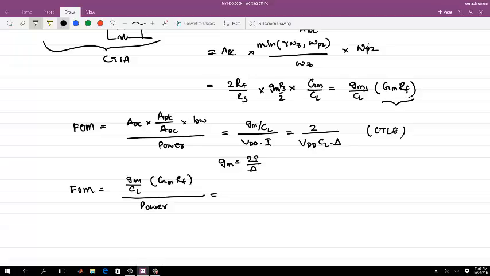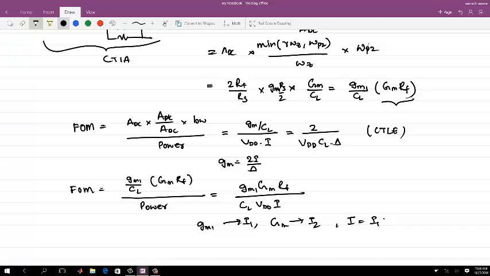So what do I have? I have GM1 GM RF by CL, VDD and I. Now small GM1 is consuming a current I1 and capital GM is consuming current I2, and the total current is I equals I1 plus I2.